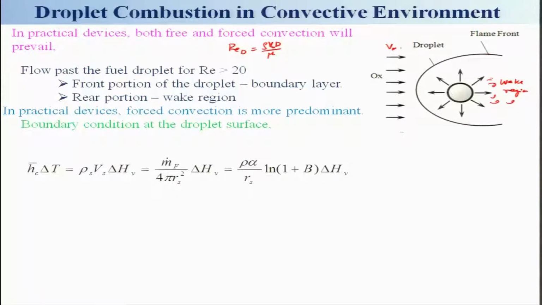Let us look at this balance at the droplet surface. Some heat will be convected because of the temperature gradient, and that is affecting S_c. S_c is basically the convective heat transfer coefficient.